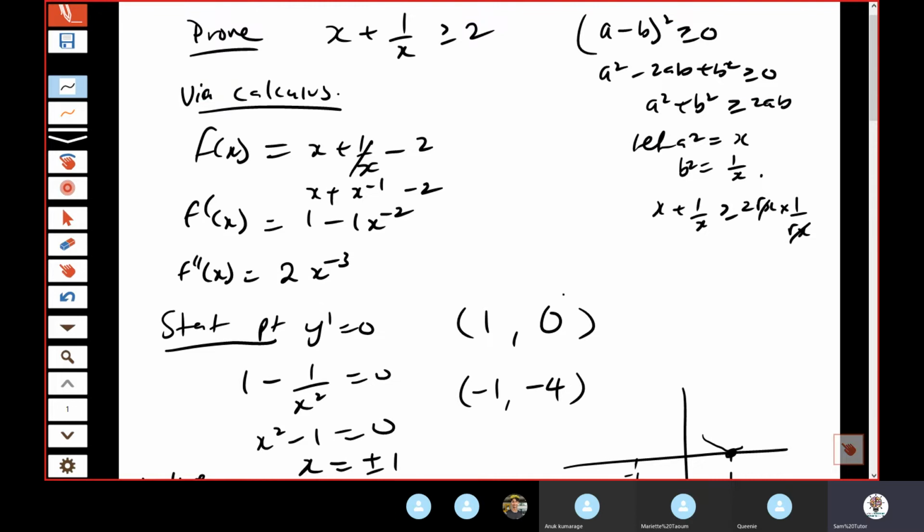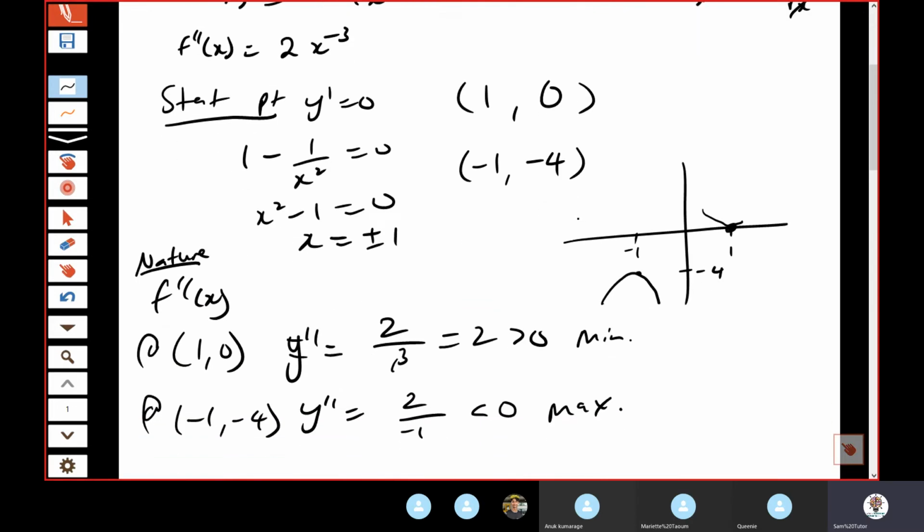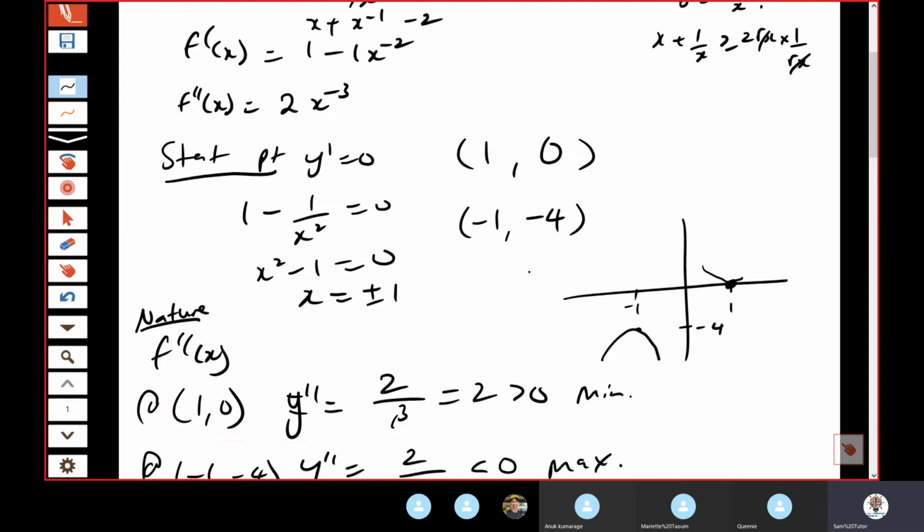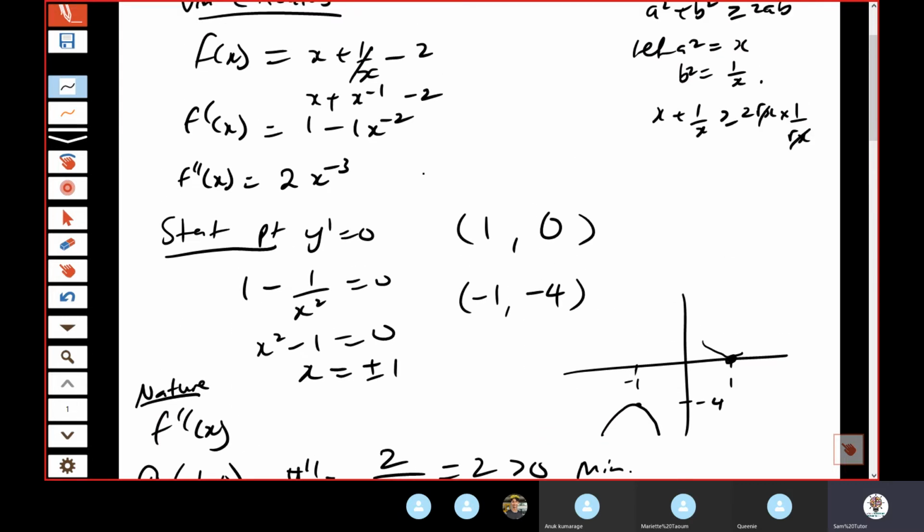What I'm trying to prove is that f of x is always greater than 0, which it's not for all x. Because -1, did I do something wrong? Why doesn't this work out? 1 on -1 minus 2 is -4. x is -1, y is -4.